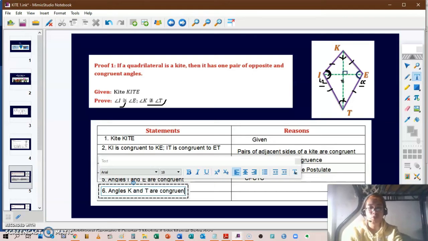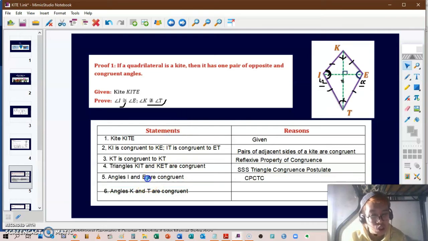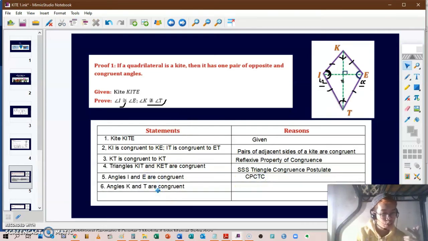We're going to prove this through contradiction, so we can state the converse, or the opposite, of the statement that we want, which is angle K is not congruent to angle T. But first, let's assume that angles K and T are congruent.